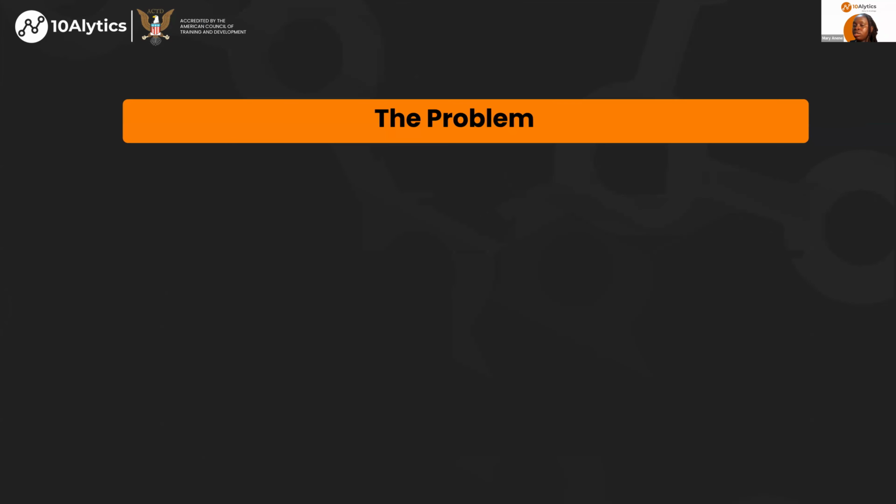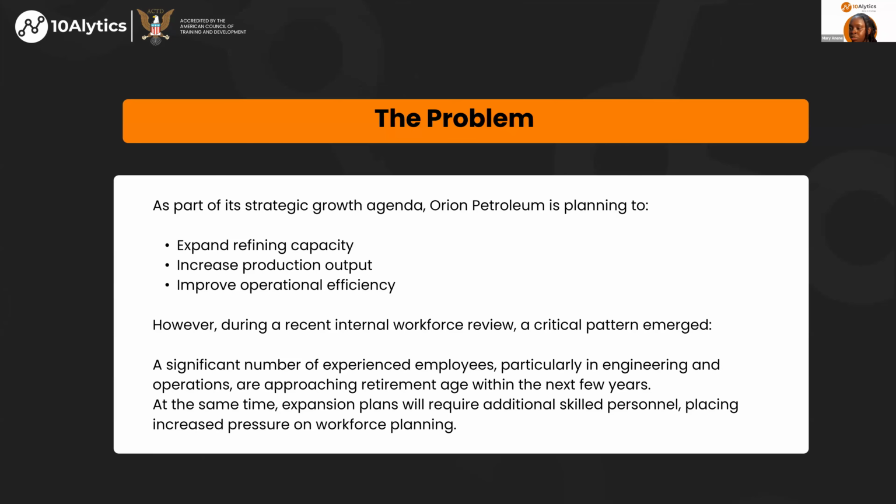All right. Now, the problem. As part of its strategic growth agenda, Orion Petroleum is planning to expand refining capacities, increase production output, and improve operational efficiencies. However, during a recent internal workforce review, a critical pattern emerged.